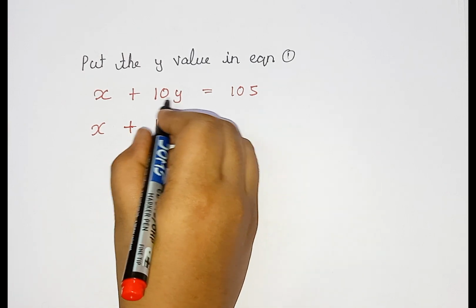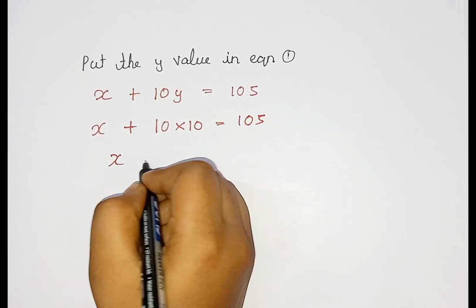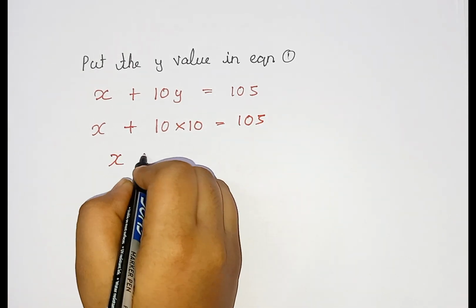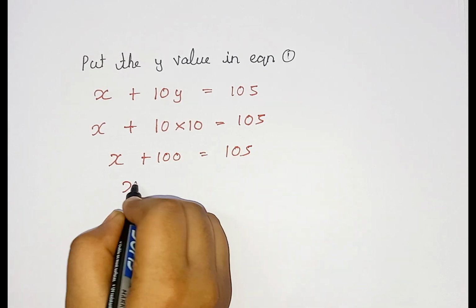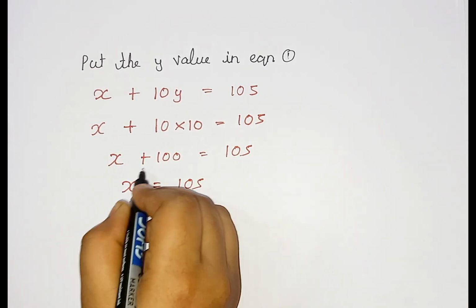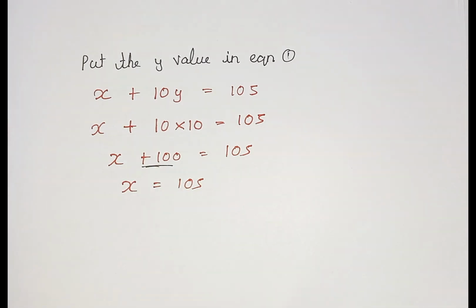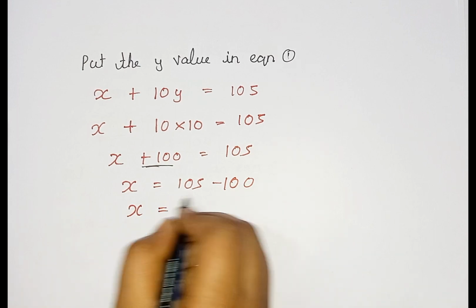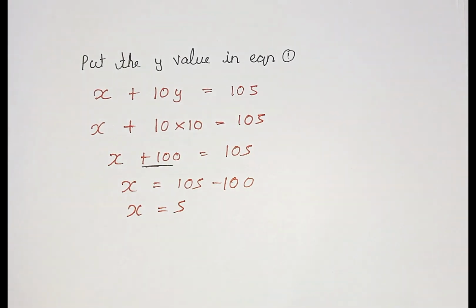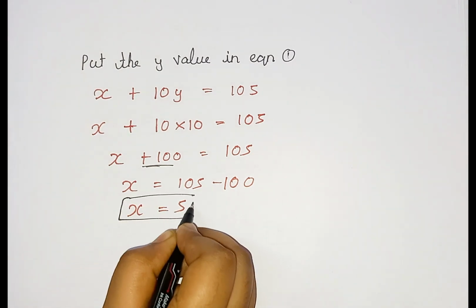Since it is 10 into y, I just wrote multiplication, is equal to 105. So 10 into 10 is 100. x plus 100 is equal to 105. When this plus 100 comes to the other side, it changes into minus 100. So x is equal to, when we subtract, 5. So the x value is 5.